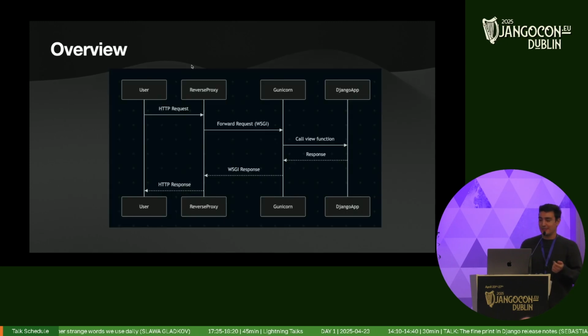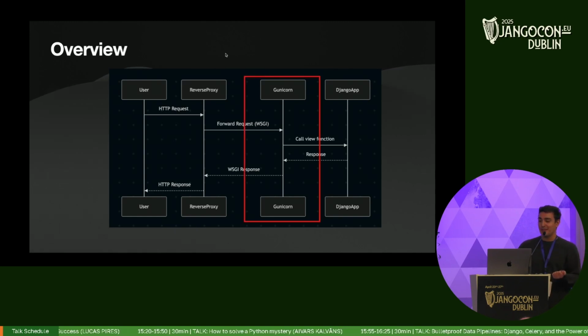So basically, this is a regular application nowadays. You have your users, they make requests to your HTTP proxy. That goes to Gunicorn, for example, and Gunicorn is the thing that actually calls your Django application. You get a response, then Gunicorn gives that response back to the reverse proxy, and then that response gets to your user.